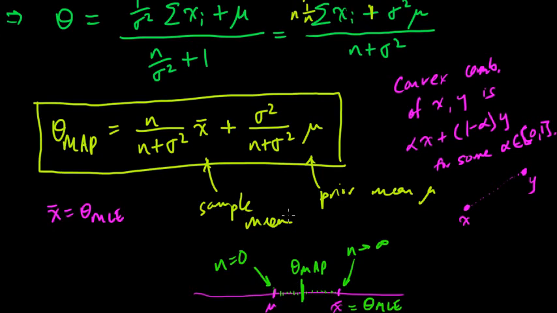So this type of representation as a convex combination of the prior and the sample mean turns out to be a fairly general thing for the MAP estimate. Very often it turns out to be a convex combination of the prior and, more generally, the MLE.